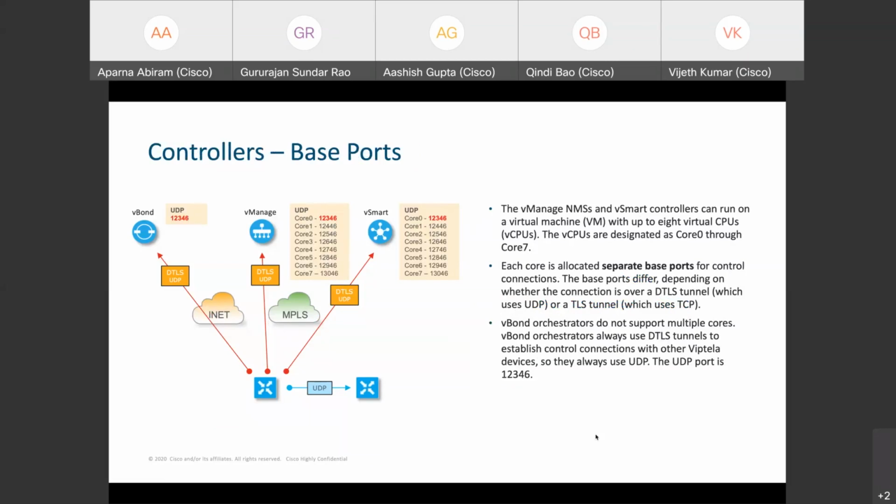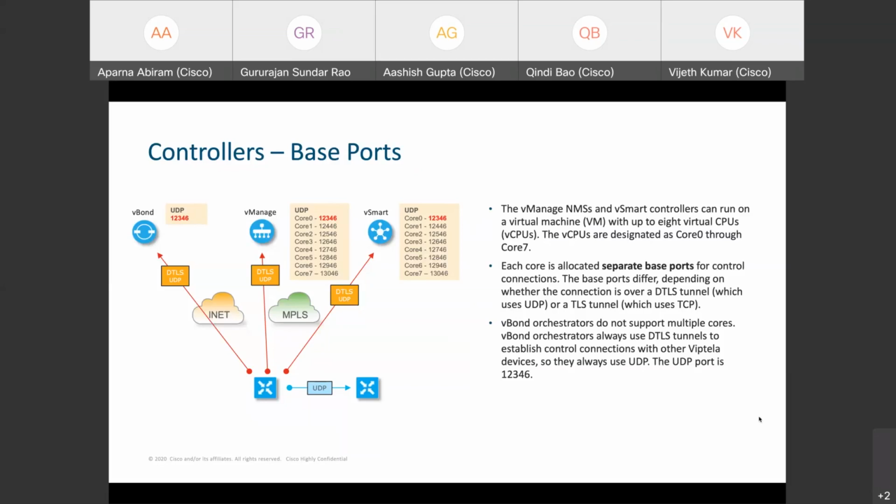The base port functions are slightly different in vManage and vSmart. vManage and vSmart run on a virtual VM, where each of these controllers is associated with virtual CPUs, and each of these CPUs is allocated an individual port number. So there are possibilities that we are forming a control connection on core 6, which is 12946, depending on the core. If you onboarded 500 devices on your vManage, it is not necessary that all these 500 devices form a control connection on core 0, 1, 2, 3, 4, 6.